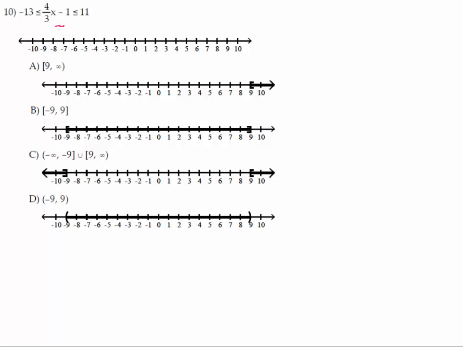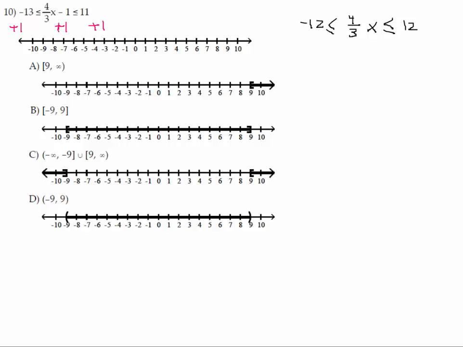So we add 1 to each side of this inequality. So there we get negative 13 plus 12 would be negative 12, less than or equal to 4/3 x, less than or equal to then becomes 12.